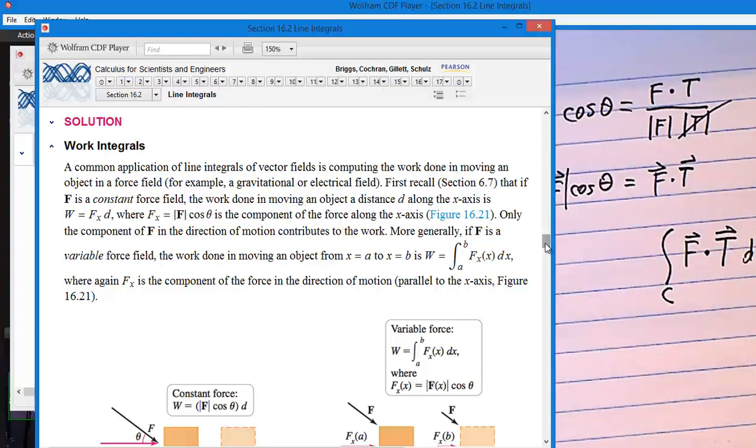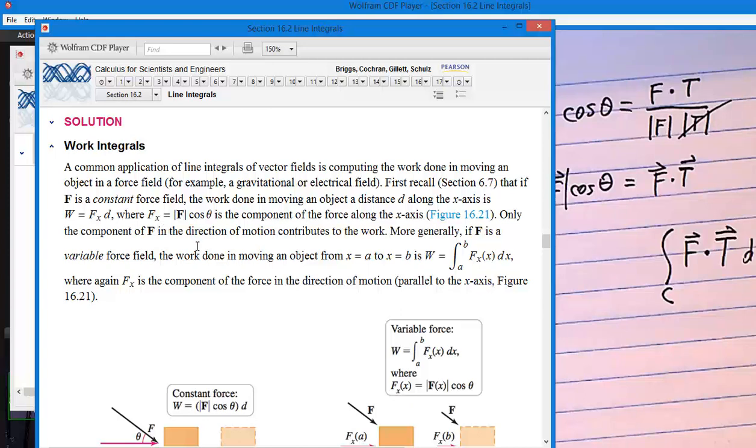Force times distance. There we go. So the work done as we go from A to B, distance along the x-axis, is work equals Fxd. Fx is the force of, projection.